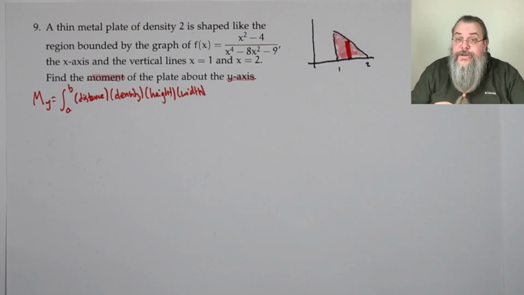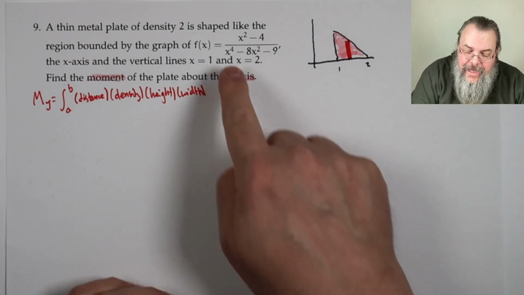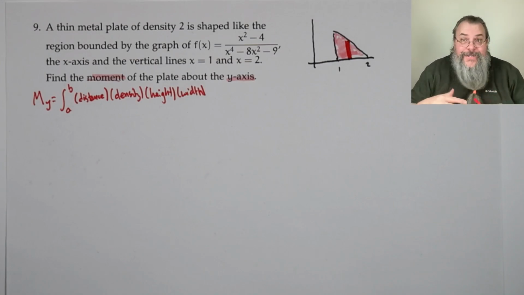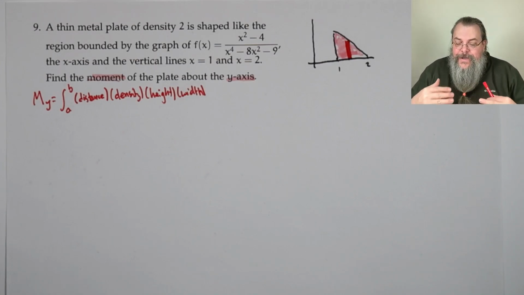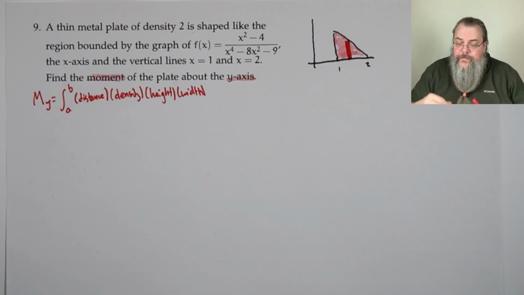Now you might say, how did you know to cut it vertically? Well, because it gave us it as a function of x. We do not want to try to solve for this as a function of y. I don't want to say it's hopeless, but it's very close to hopeless. And so we say, okay, so we have our nice rectangles.